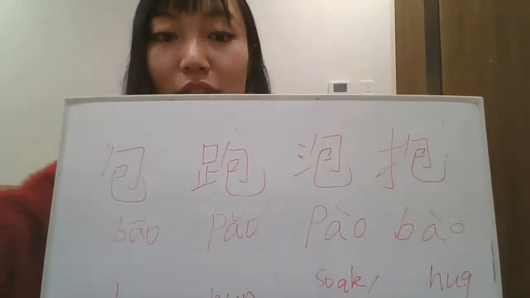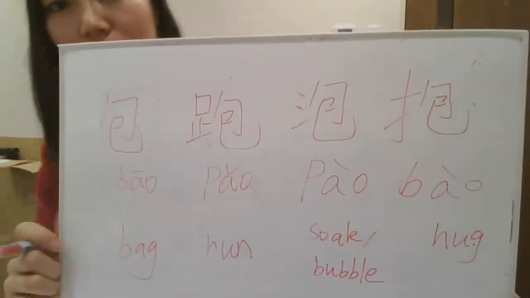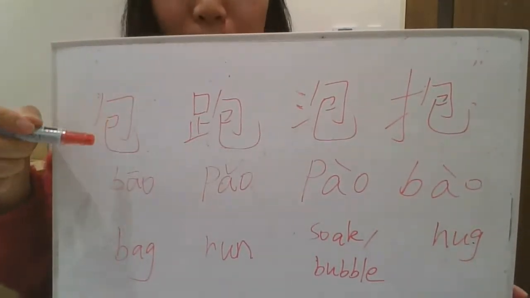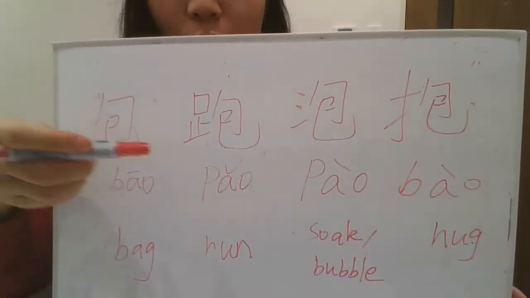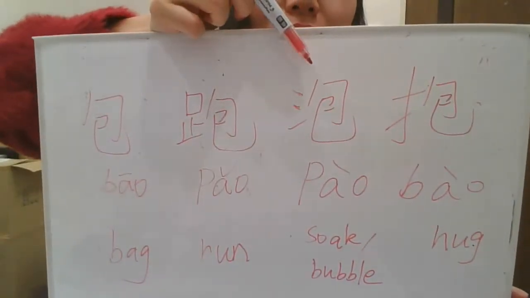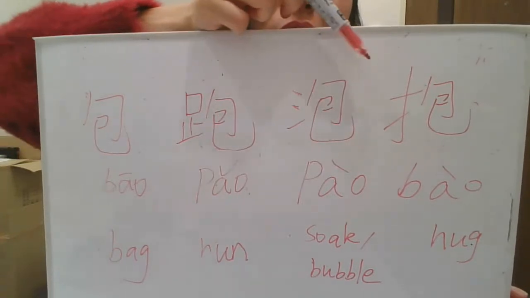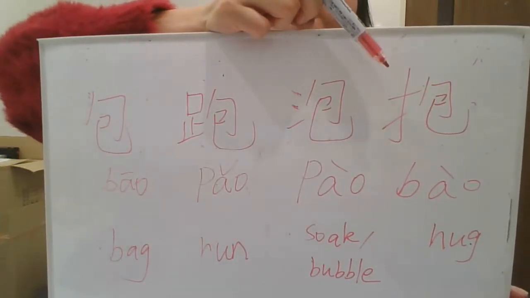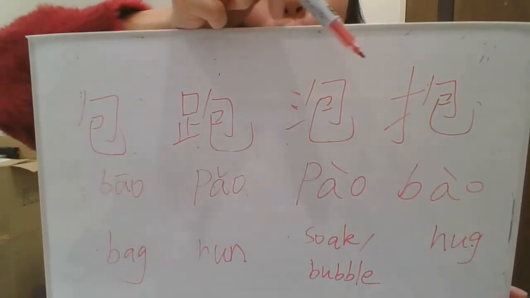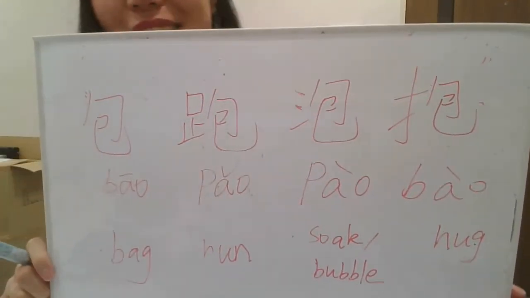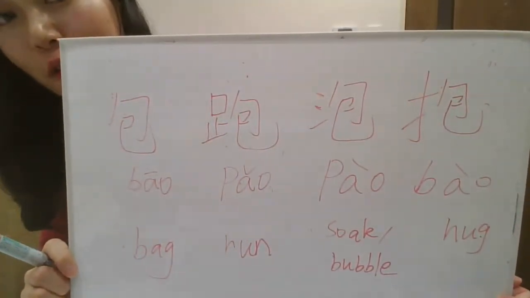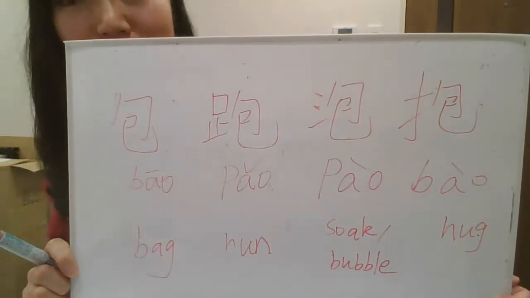Let's read again here. It's not easy to see. Okay, so this is 包跑泡抱. So 4 characters, you remember? 4 characters, 4 meanings, and they have similar sounds.